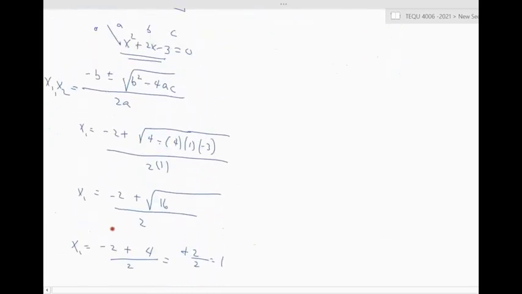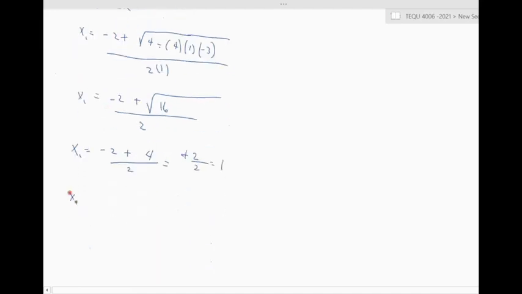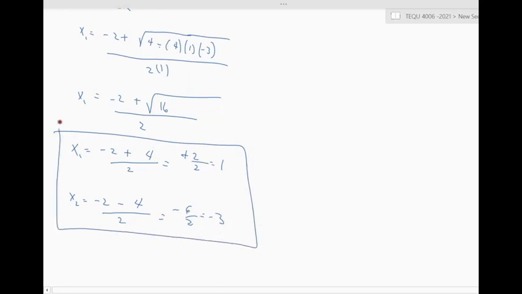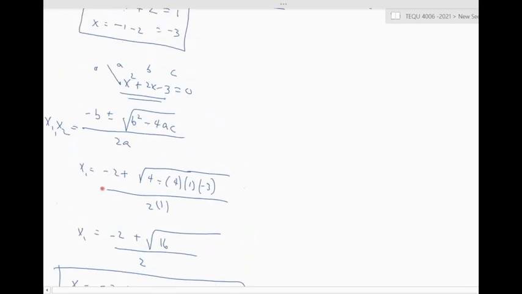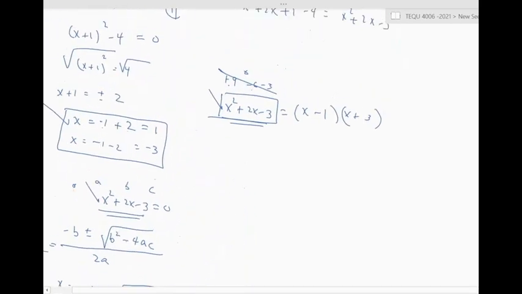What is required is to use the negative sign. That basically is the same inside, it's just the negative on the outside of the square root. So the x2 result will be minus 2 minus 4 divided by 2, that will be minus 6 divided by 2, and that's minus 3. So here you have the two roots that we are looking for, which are 1 and minus 3, all right?